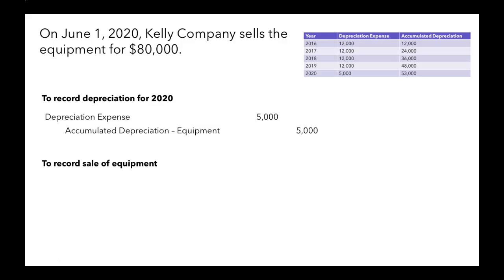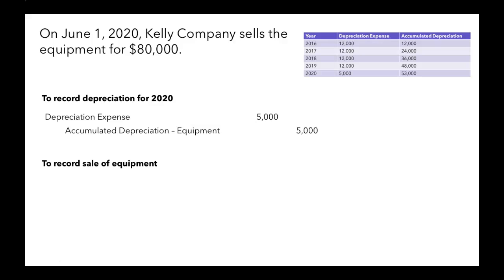Because we had already recorded 2016, 2017, 2018, and 2019's depreciation. The problem told us that we record that at the end of every single year. Here in 2020 though, we hadn't reached the end of the year yet, so we have to record this depreciation when we make this sale.